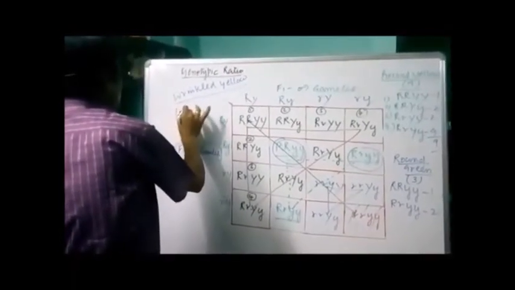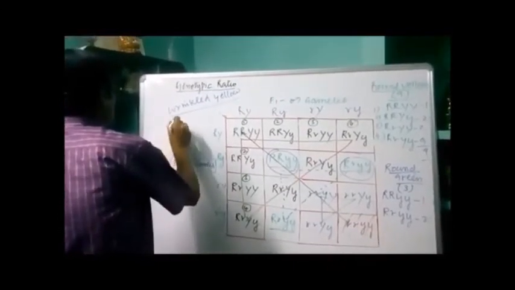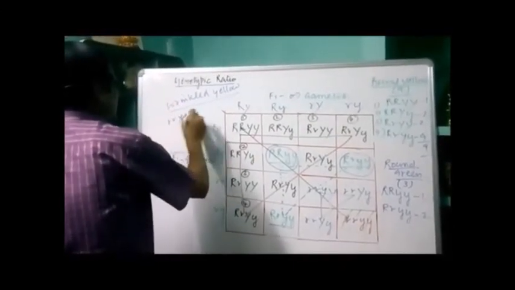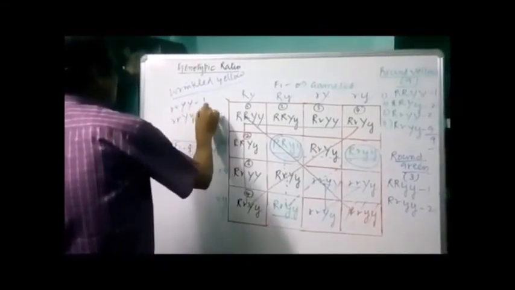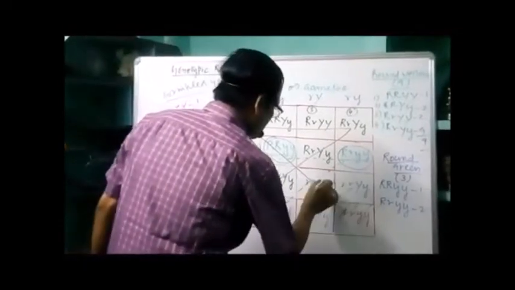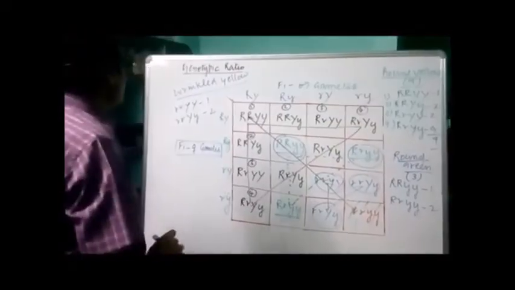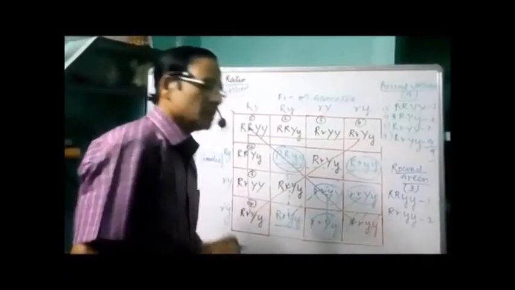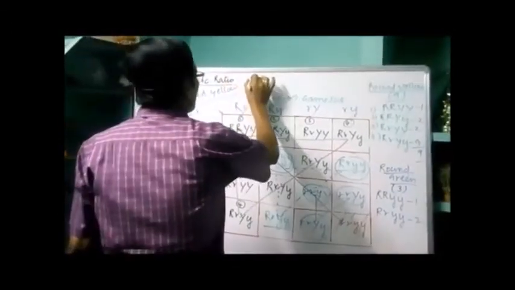One is small r, capital Y, and the other is small r, capital Y, small y. These 2 are another type. So the ratio is 1:2. And the last one, wrinkled green, is only 1.